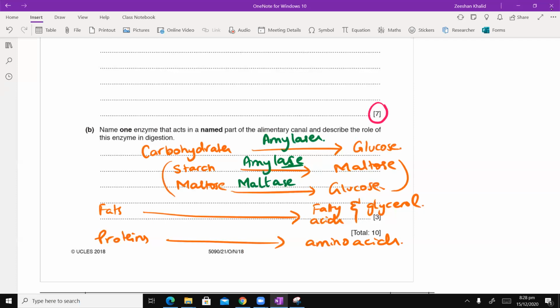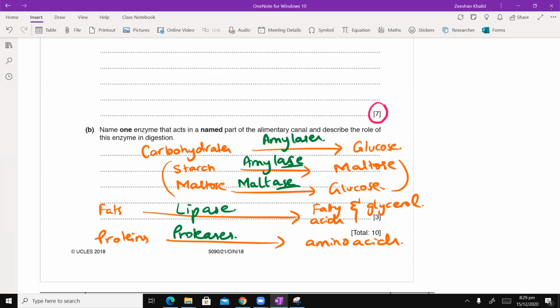As you all know, the name of the enzyme will always end in ASE. Fats are changed into fatty acid and glycerol by lipase, and proteins are changed into amino acids by proteases. Amylases, lipases, and proteases are general names that are expected from you.